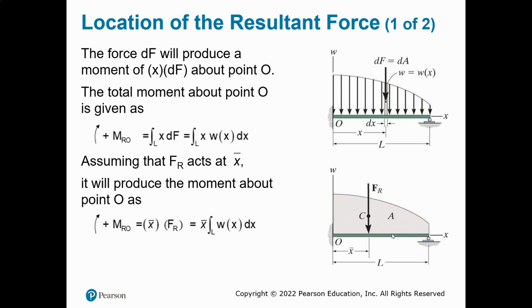Assuming that this resultant force F_R acts at x bar, where x bar represents the center of gravity of this area, it will produce the moment about O as x bar times F_R. So x bar can be taken out of the integral, and inside the integral will be W(x) dx.